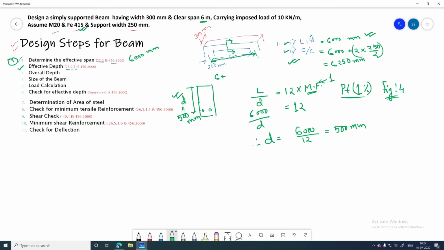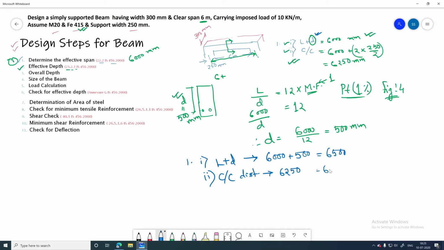Then I didn't know this value of D, but now I got the value of D. So now if I write the first point, that is the minimum of L plus D and center to center distance, L plus D equals 6000 plus 500, so it is 6500, and here it is 6250.